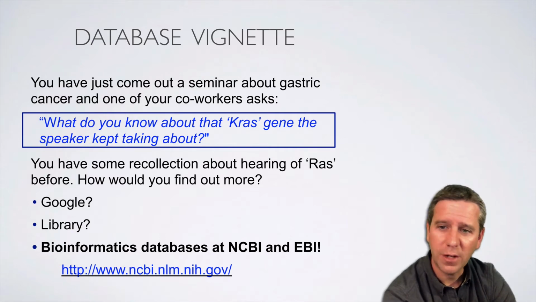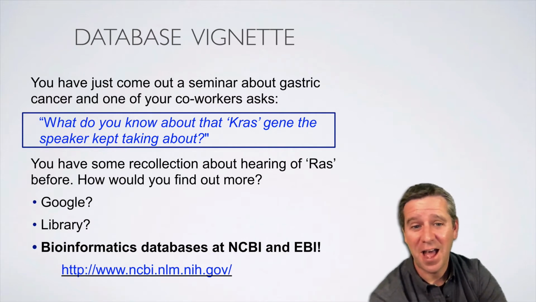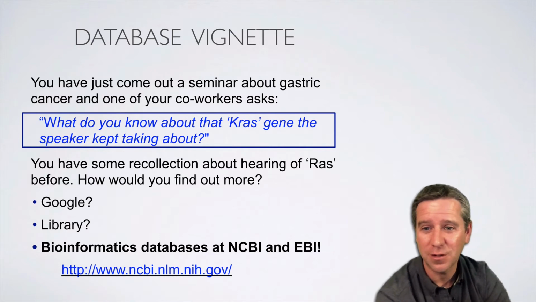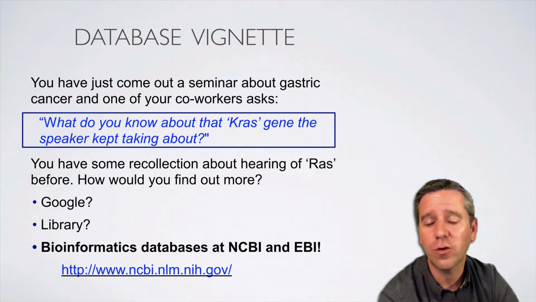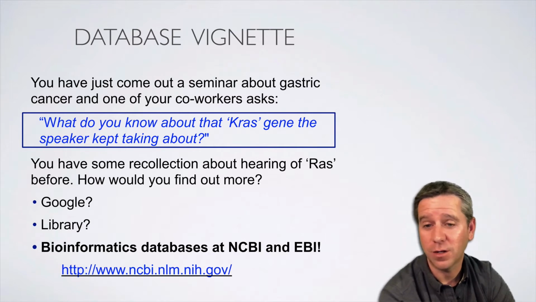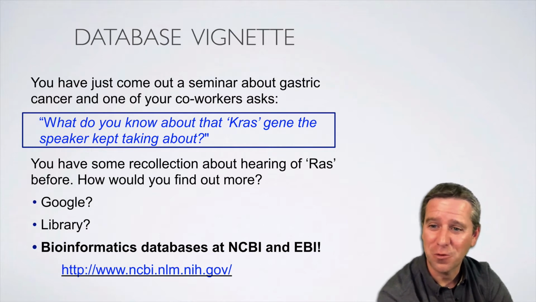Now, I picked KRAS because you've maybe heard of RAS before in other classes, and we'll maybe be able to bootstrap our knowledge here as we go through these databases. But just substitute in whatever other gene you want for RAS or KRAS in this particular case, and follow along in the next few minutes with what we work through.